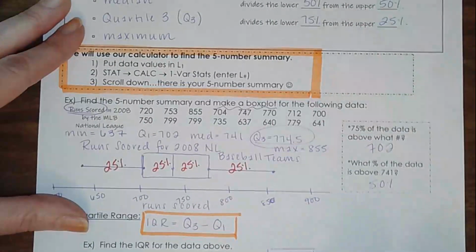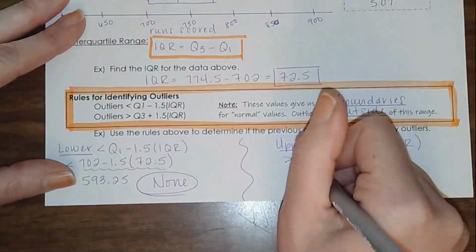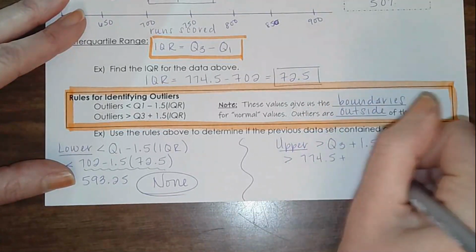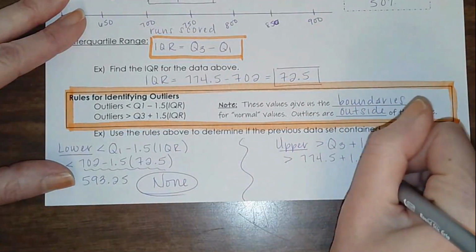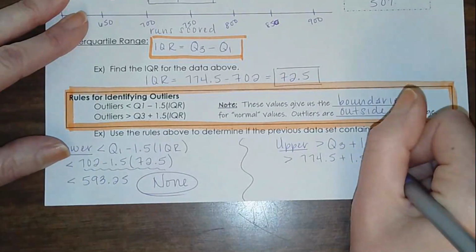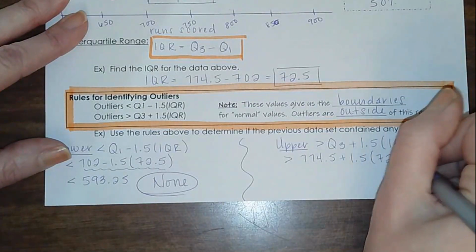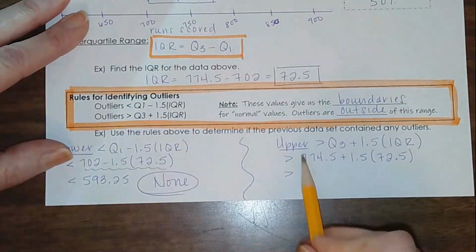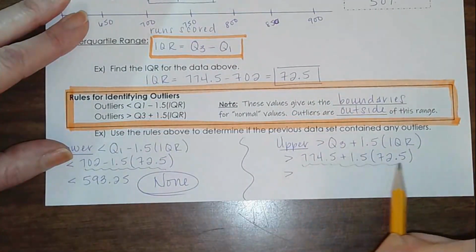Yeah, 774.5 plus 1.5 times my IQR, which is 72.5. So type this number in your calculator exactly how you see it.